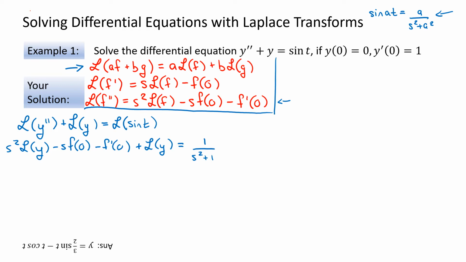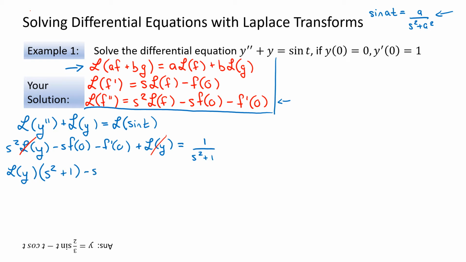So I'm going to do 2 things. I'm going to rearrange so that we have all the functions with the Laplace transform together, and I'm going to factor them. So we have the Laplace transform of y, and what we're left with is what's behind this first term, which is s squared, and this last term, which is plus 1. All right, so that's our first two, and I like to cross them out when I'm done with them.